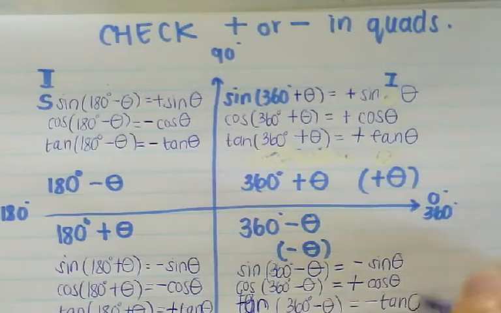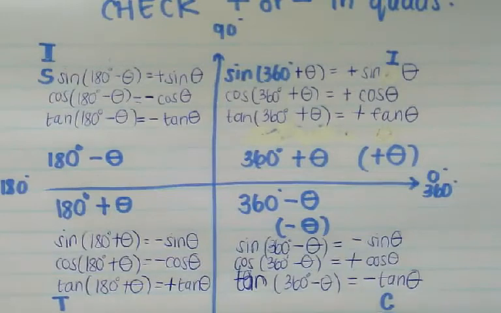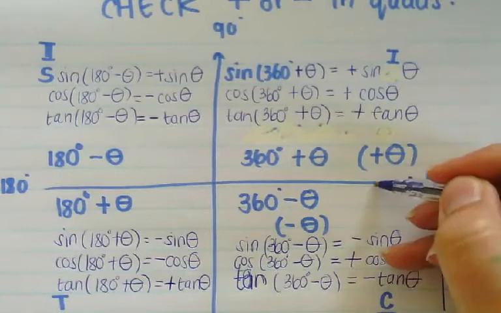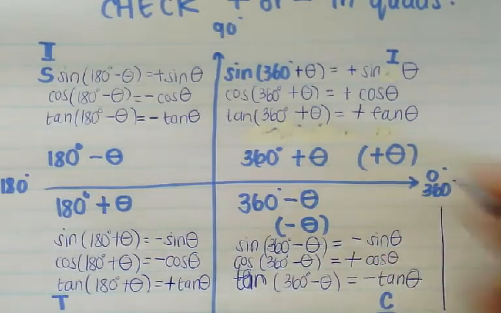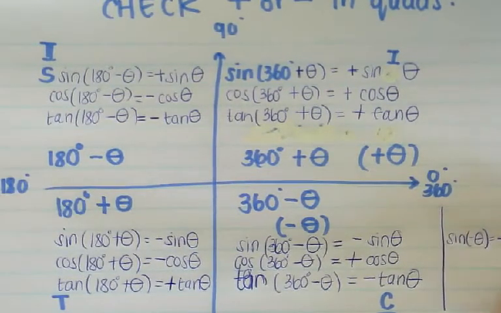Negative tan theta. But remember, we did those negative angles as well, right? A couple weeks ago. We said that we could go sine negative theta, but because sine is negative, we can take the negative out.